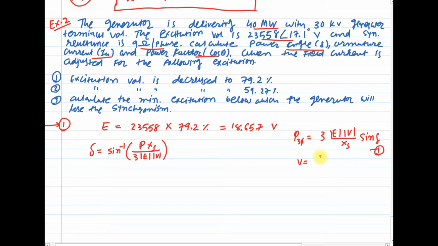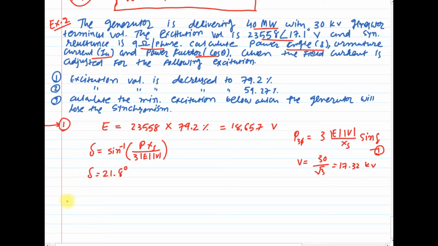V is equal to 30 divided by 3, which is 17.32 kV. So just substitute the values of all these parameters in this equation. You will get delta is equal to 21.8 degree. Clear?